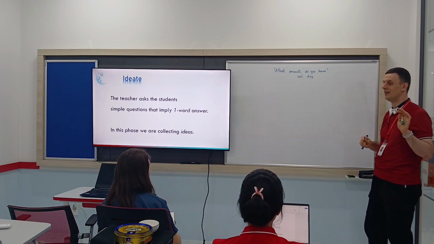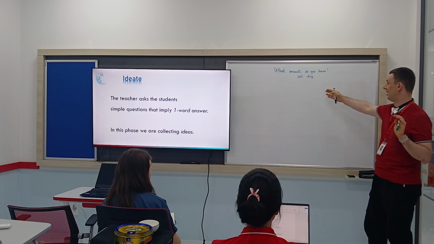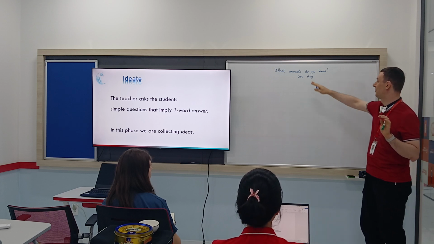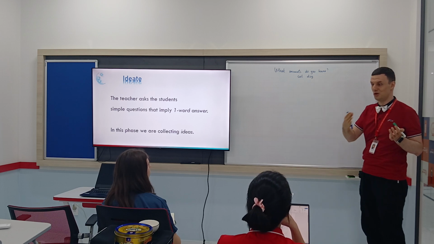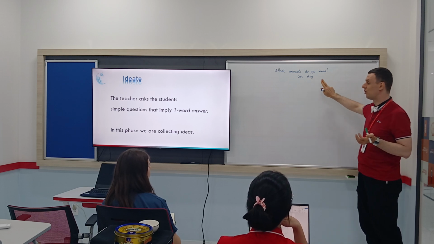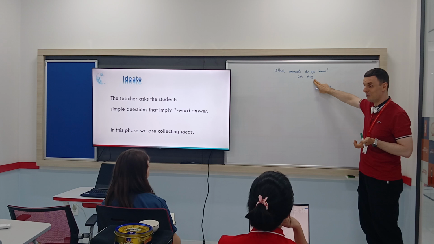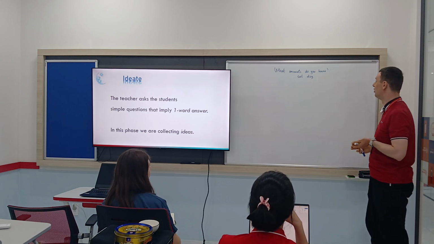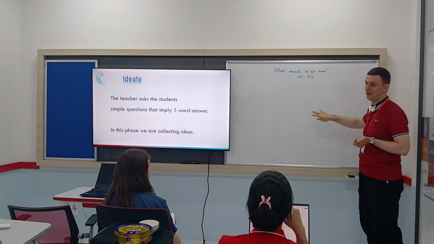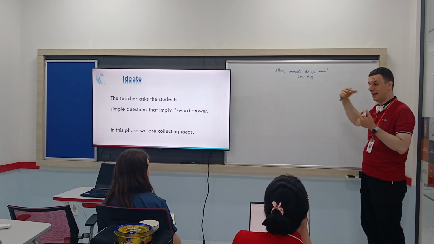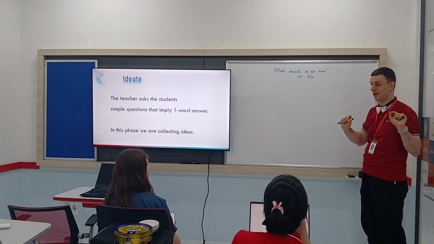Then for dogs, they say can eat, sleep, basic stuff that humans can do, but then you can say dogs also can bark, a new word for them. So you collect the ideas, and then you build the lesson around the ideas you collected, adding the new vocabulary little by little.